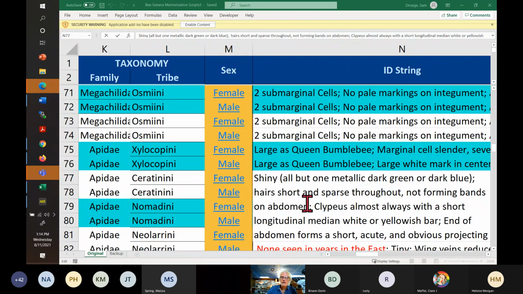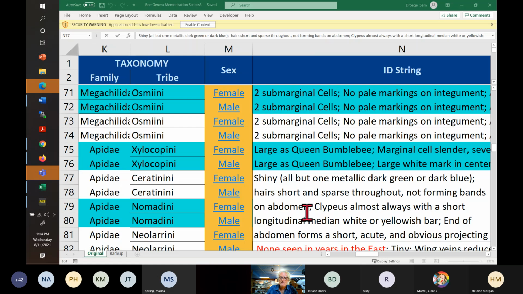We'll see examples. And at the end of the abdomen, it's very pointed. In fact, there is usually essentially a point at the end of the abdomen of the females. So very different.